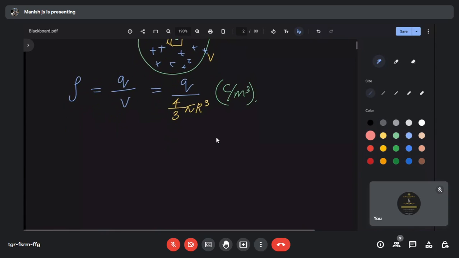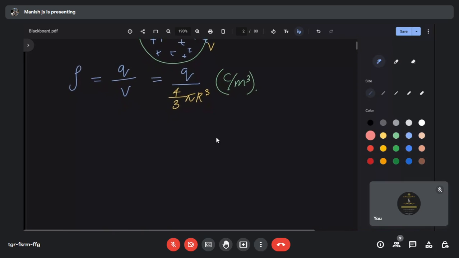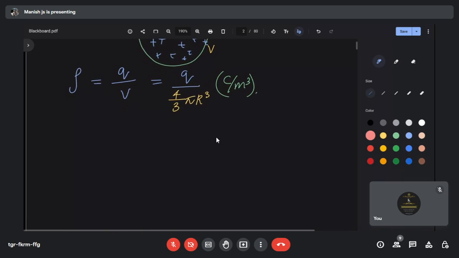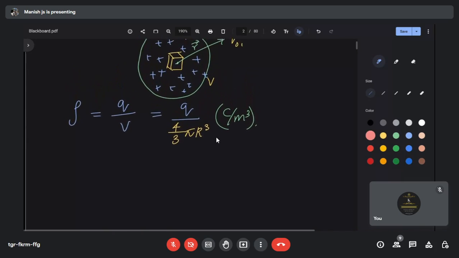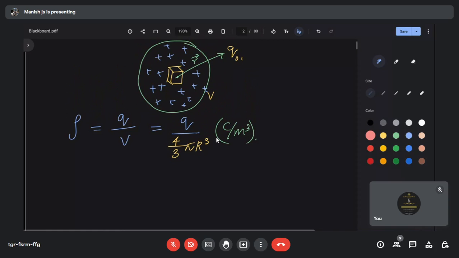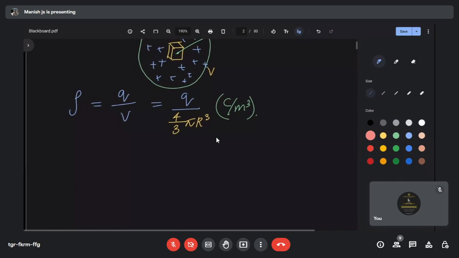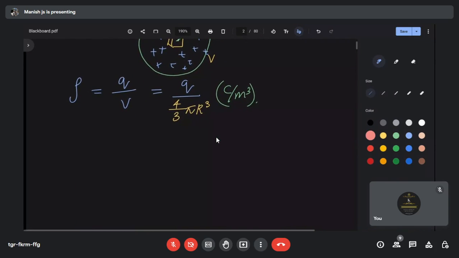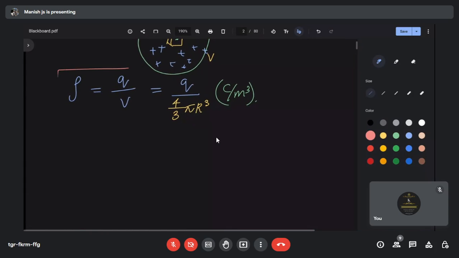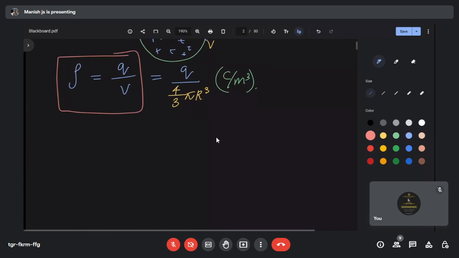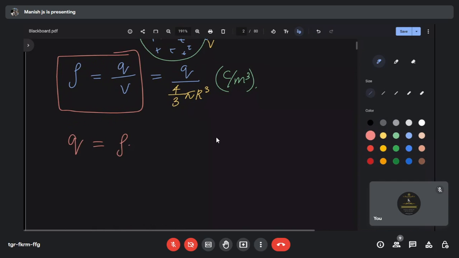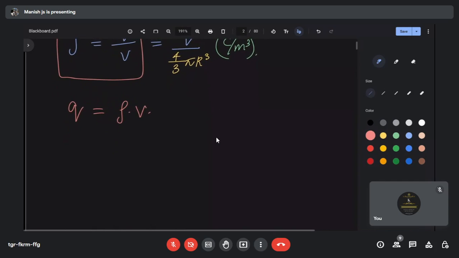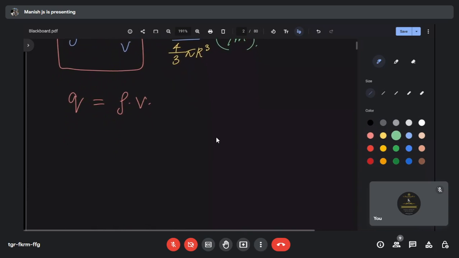Now what is our necessity? We would like to find out the electric field on this q naught at a distance of r in the sphere. So now you go for a simple rearrangement. You know the first formula was rho is equal to q upon v. So q can be written as rho into v. Next I am differentiating on both sides.